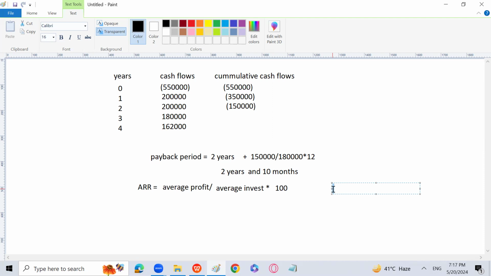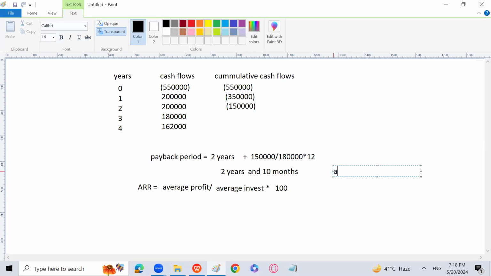In business, you will calculate average investment by adding disposal value. So remember, the disposal value will not be included in average investment, which is going to be original investment divided by 2.